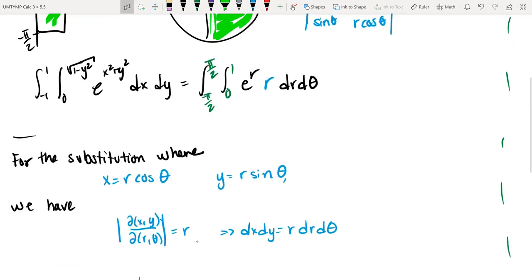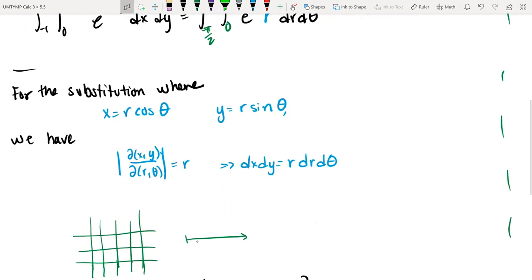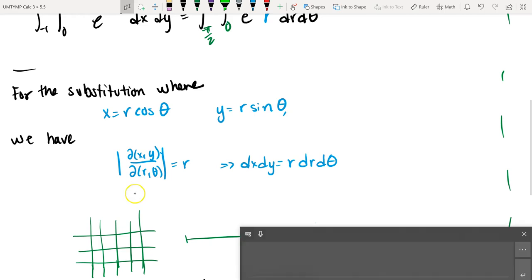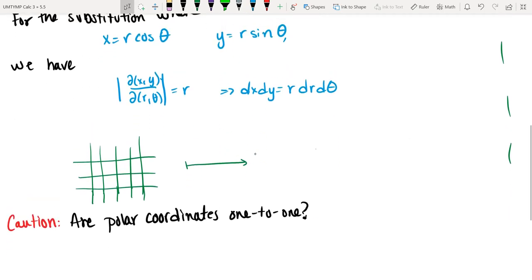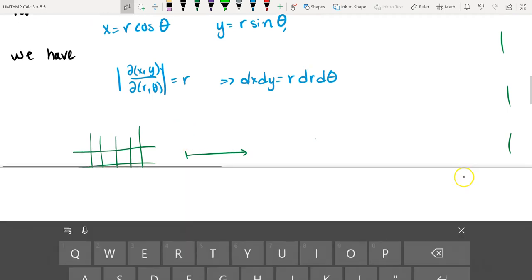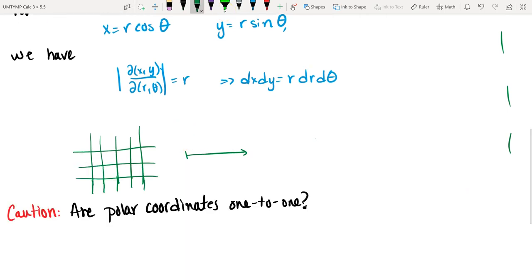If we use that polar coordinate transformation or change of variables, the Jacobian's always r. That means we scale by a factor of r. So really what this means is that when we're looking at Cartesian coordinates and then we transform to a system where we're looking at polar coordinates, now I'm going to do my best to draw concentric circles.